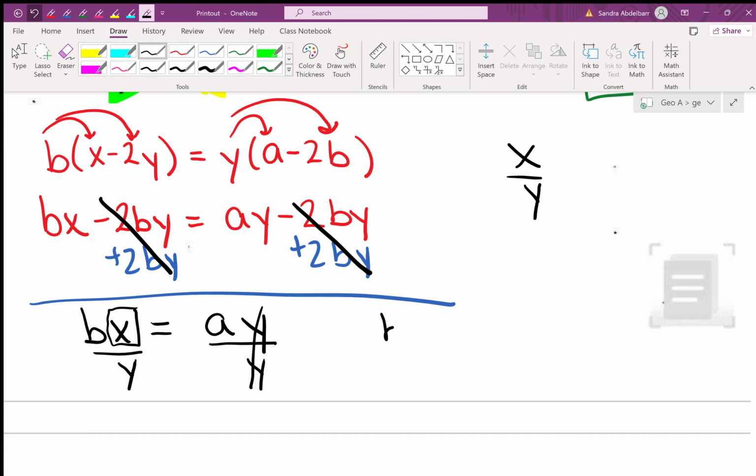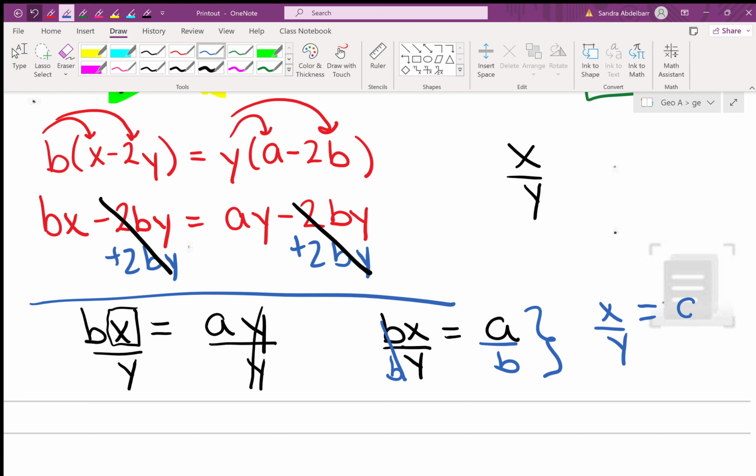So then I'm going to have bx over y equals a. I need to now get rid of the b. How do I get rid of the b? Divide by b. So now I have x over y is equal to a over b.